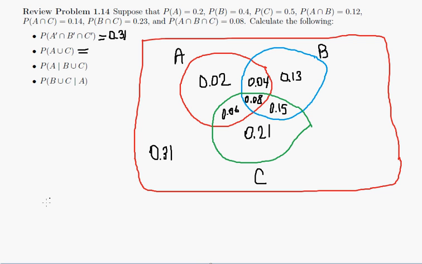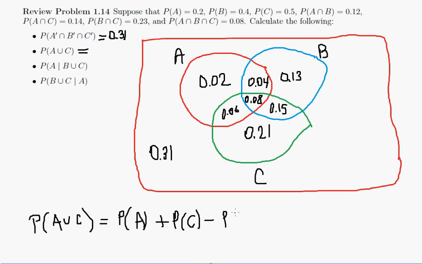Another way of doing this would be that the probability of A union C is equal to the probability of A plus the probability of C minus the probability of A intersect C. By definition, the probability of A was 0.2.